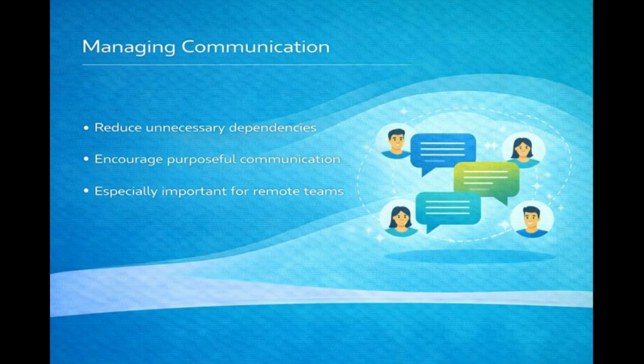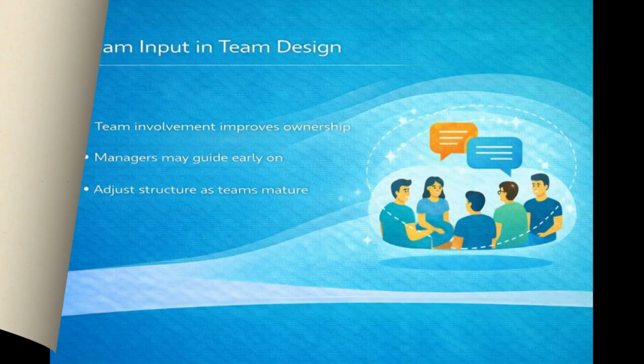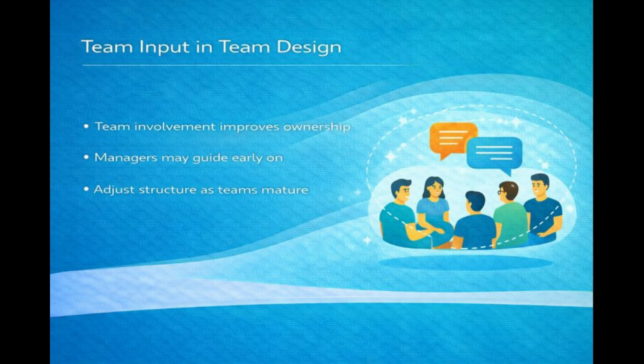Strategic shared roles can help bridge communication gaps. 9. Involve team members in team design. Whenever possible, team members should have input in how teams are formed. During early Scrum adoption, managers may initially define team structures, adjusting them as experience and maturity grow.